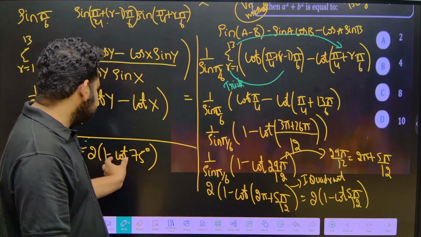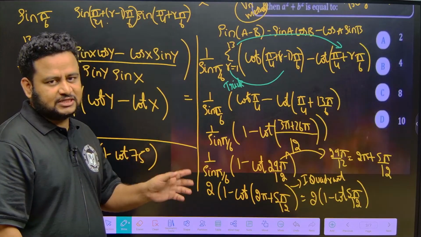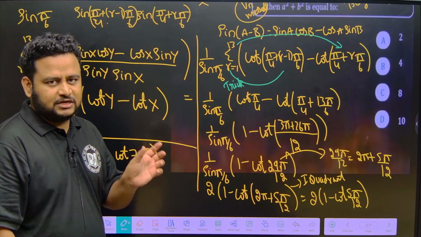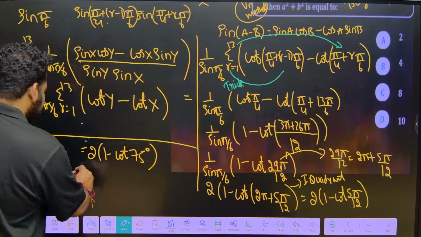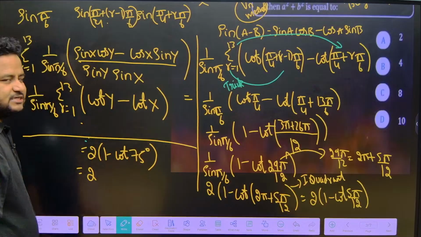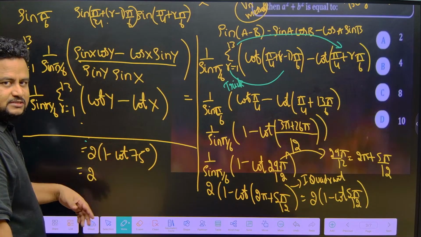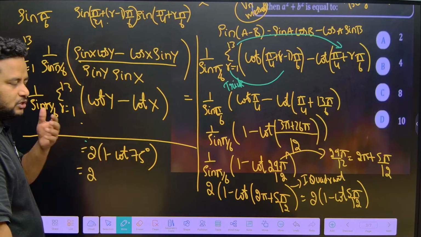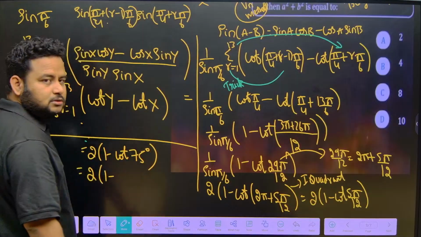Otherwise you can write tan 75 as tan of 45 plus 30, then you can apply the tan A plus B formula. Otherwise directly you can write: tan 75 is 2 plus root 3, cot 75 is its reciprocal, that means you have to take the conjugate of it. So cot 75 is 2 minus root 3.